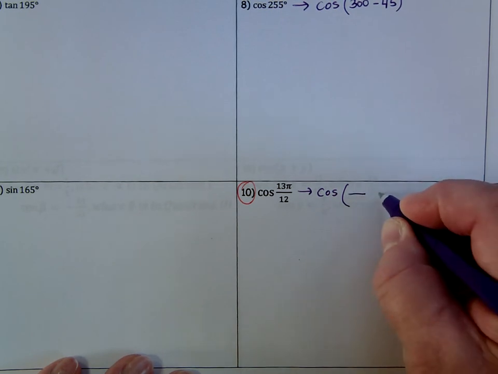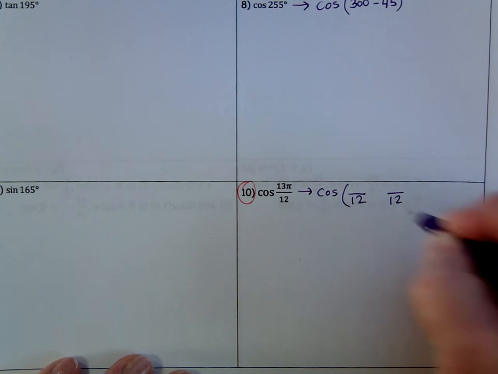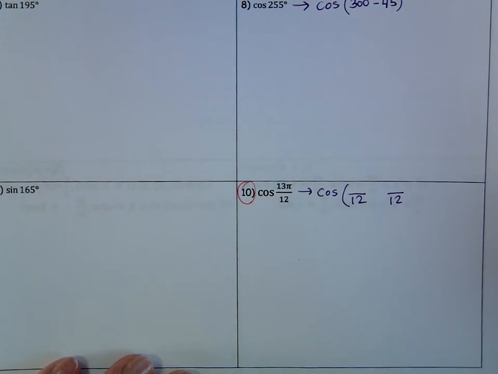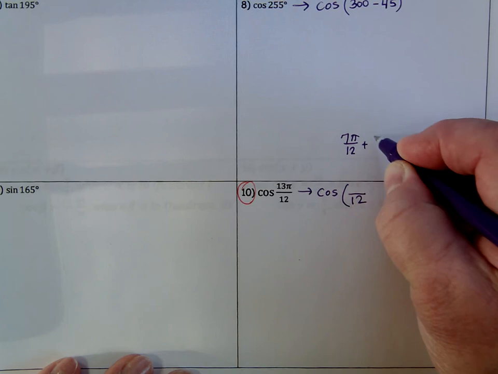This is a little bit more complicated. I know I need denominators of 12, and I need to get to a 13. So let's think of things that add to 13. I could choose 7 pi over 12 and 6 pi over 12. Let me put that up above here. What if I use 7 pi plus 6 pi?